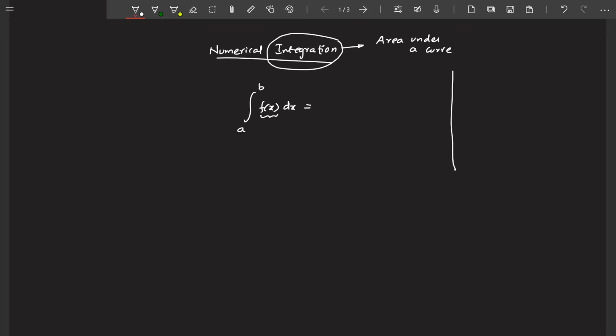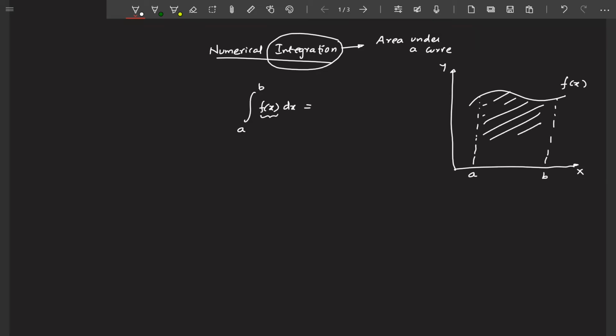Graphically, let us say this is your x-axis, this is your y-axis, and this is your function f(x). This is your starting point, this is your ending point. So when you say integration from a to b of f(x) dx, you mean the area under this curve.